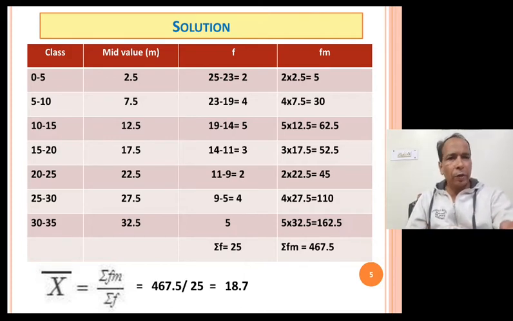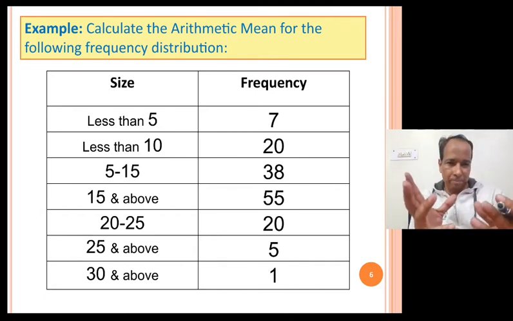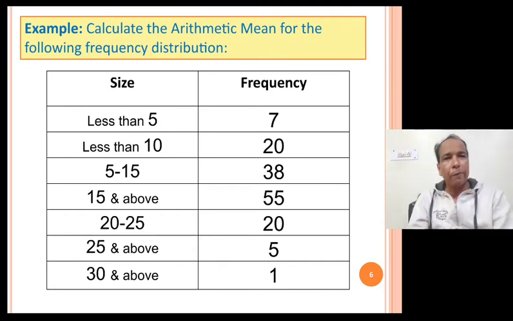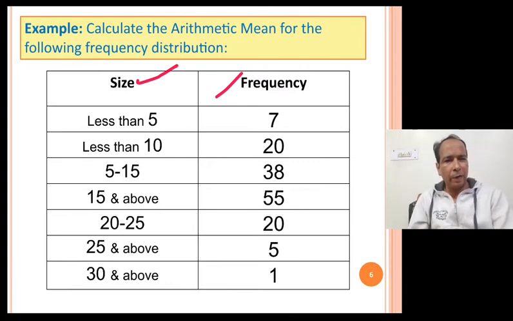Right? Now let's move to another example. Calculate the arithmetic mean for the following frequency distribution. Here again the values are before you in a slightly more difficult form. Two columns are there, size and frequency: less than 5, less than 10, 5 and 15, 15 and above, 20 and to 25, 25 and above.